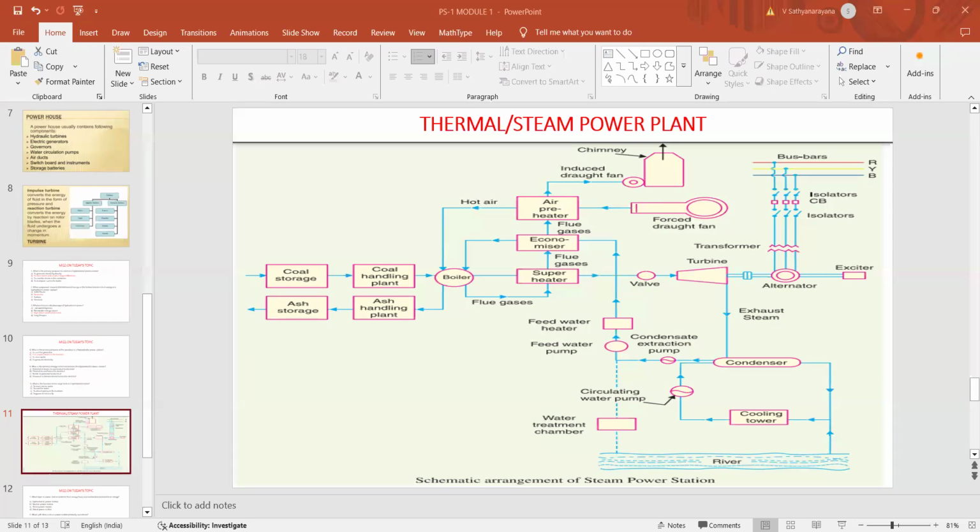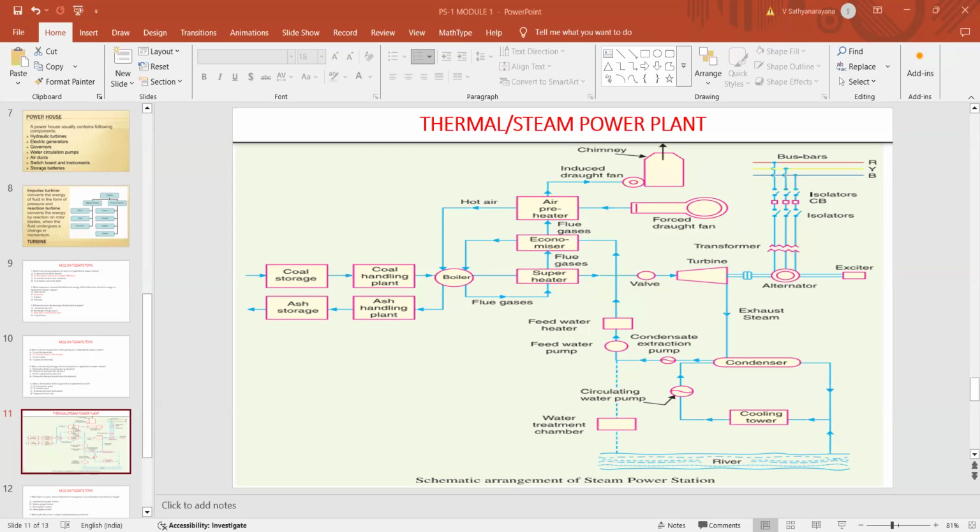So the main raw material required in order to generate electricity in a thermal power station is coal. So first we have to concentrate on getting the coal to our steam power station or thermal power station. From the coal storage plant, coal should be delivered to what is the next block you are seeing after coal storage? Coal handling plant.